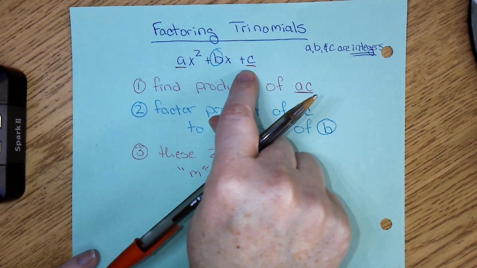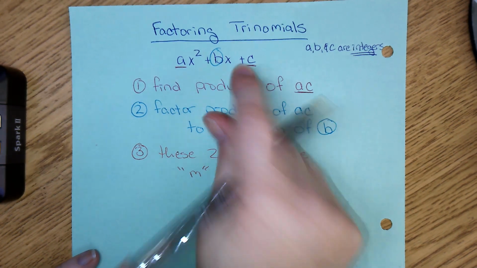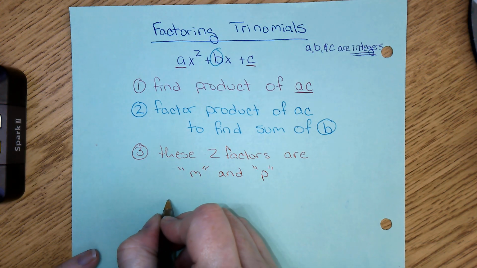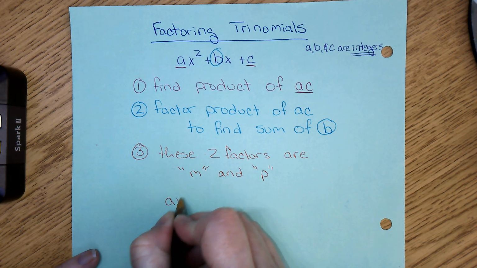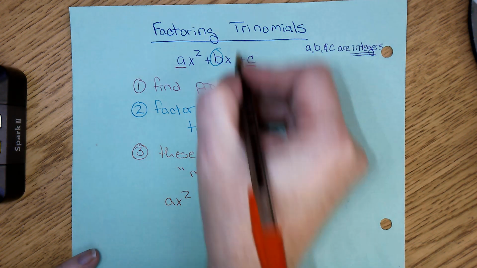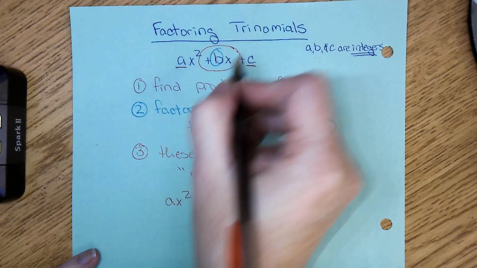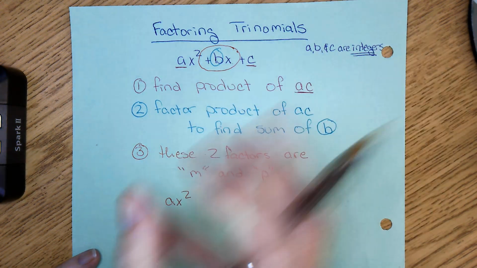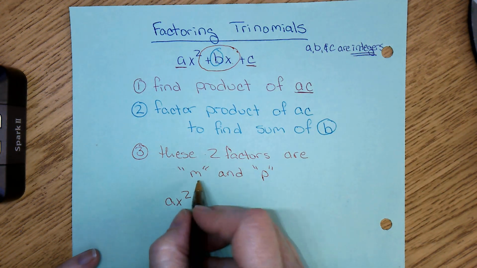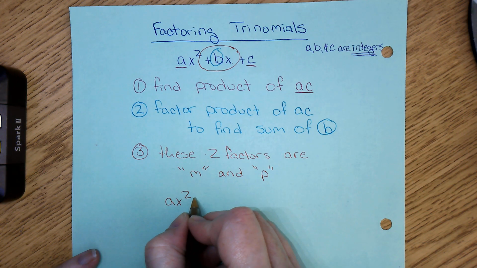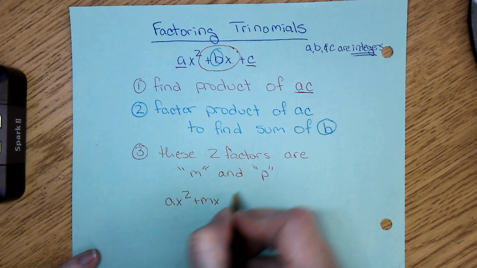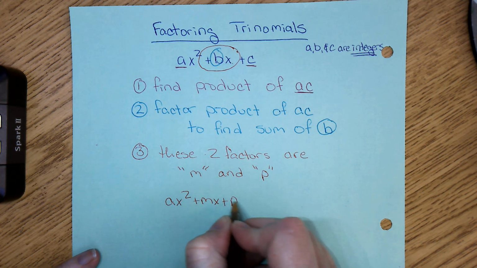And then our original equation gets expanded a little. Our first term stays the same. What we are expanding out is the bx. So it's going to become mx plus px, all right?